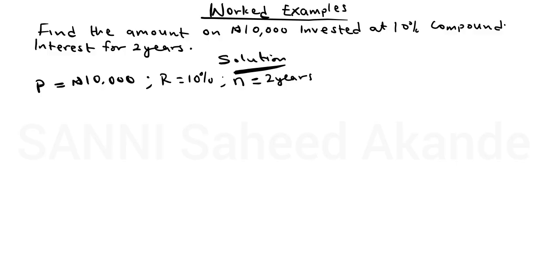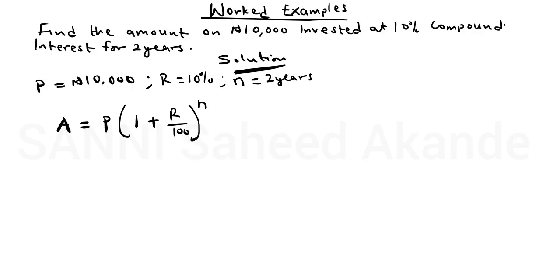Understood? You remember our formula. Because the question says we should find the amount, the formula is A equal to P open bracket 1 plus R over 100 close the bracket, everything raised to the power of n, and this is the formula we are going to be applying.